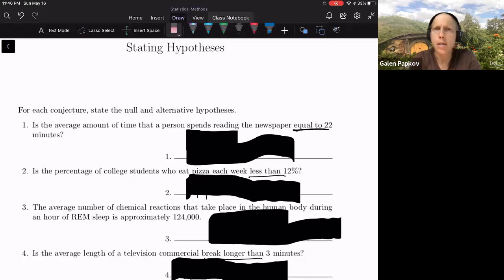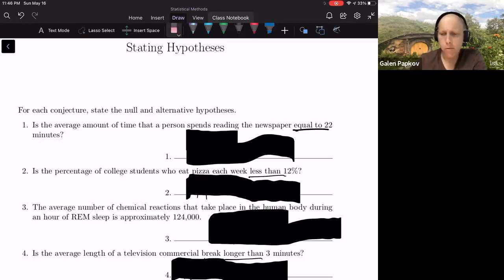And so understanding those different mathematical symbols, less than, greater than, not equal to, greater than or equal to, less than or equal to, is going to be important, especially converting English into the corresponding mathematical symbol. And so let's take a look at number one here. Is the average amount of time that a person spends reading the newspaper equal to 22?